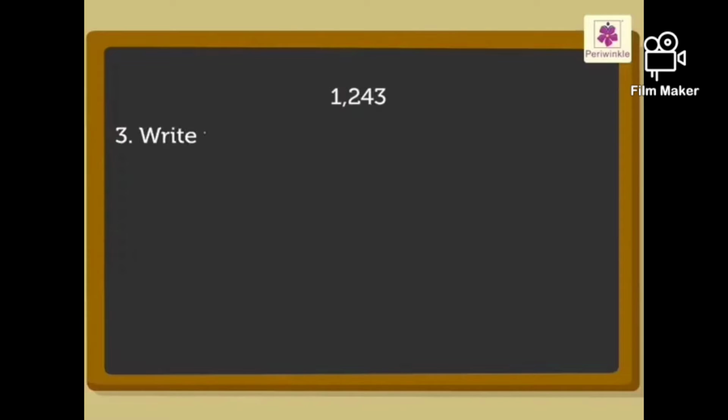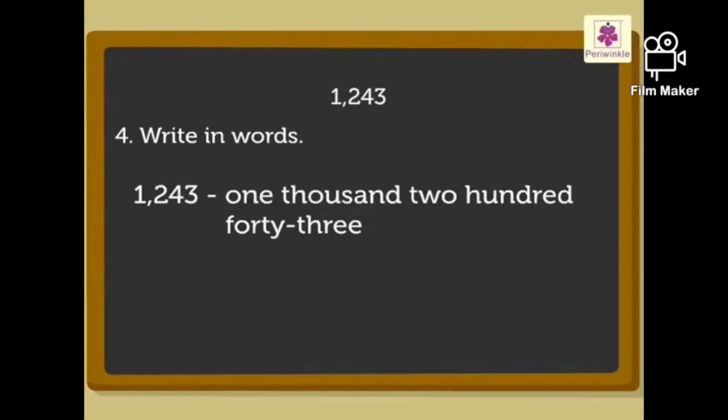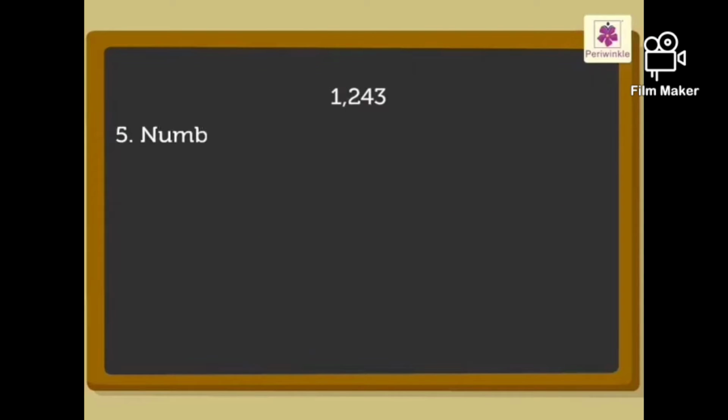3. Next is writing the number in the standard form as 1243. 4. We can also write it in words as one thousand two hundred forty-three. 5. Finally, it can be shown with the help of colored counters.